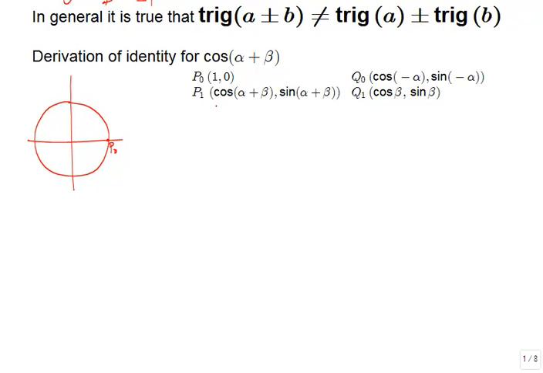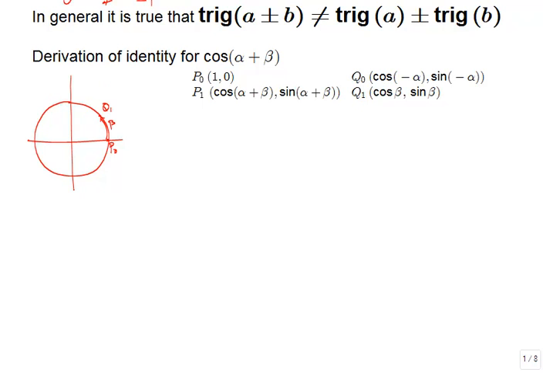Then I'm going to let q sub 1 be right here, where this arc length is beta. That means its terminal point would be cosine beta, comma sine beta. Remember, your terminal point is your x and y value, where the x is the cosine and the y is the sine. So q1 has coordinates cosine beta, comma sine beta.